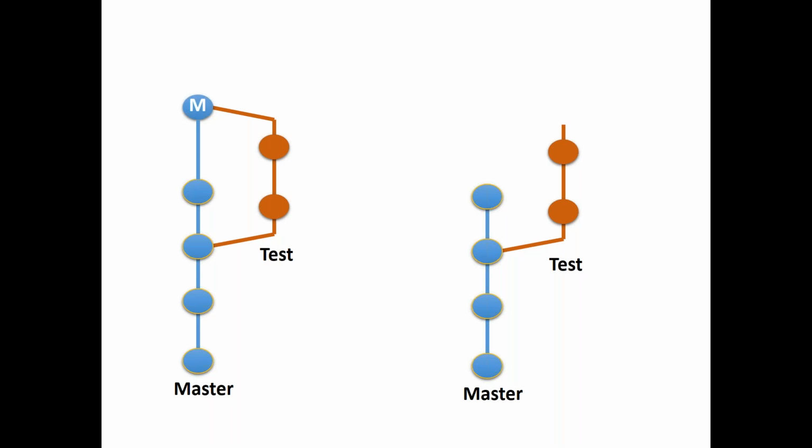Now, since there is a new commit ID, if you merge, it will create a new commit ID on the master branch. So instead of that, if you try to say rebase, it will create this branch, or I should say recreate the branch in such a way that the new commit ID is available, and based on that, the branch has been created.